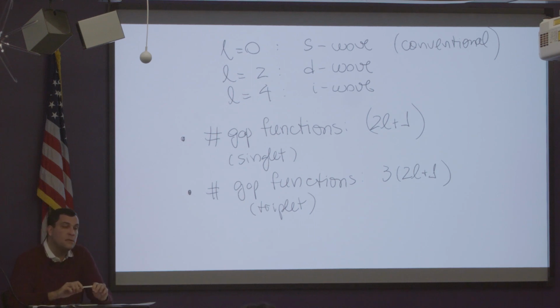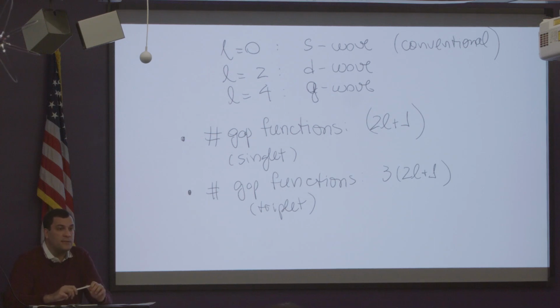Yes? Isn't L equal 4 called G wave? Yes, that's right. L equals 6 is I wave. You are right. Thank you. This is borrowed from orbitals, and I just learned up to 5F, so F electrons, so I forget after that. Thank you. This is great.